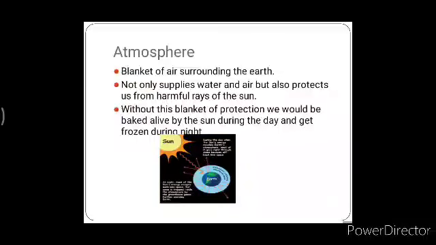Atmosphere does not let the sun rays go back. During the day, when the sun's energy reaches the Earth's atmosphere, some rays are trapped inside the atmosphere by the greenhouse gases, which warms the Earth at night. That is why we have a moderate temperature. Otherwise we would have frozen in the night. Understood till here?